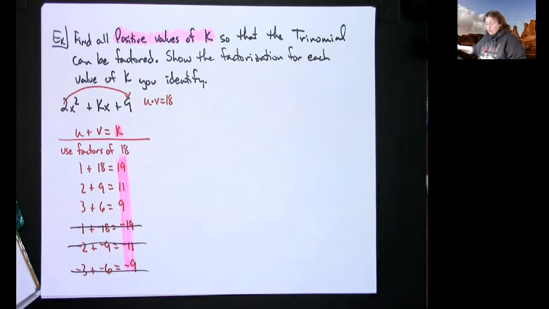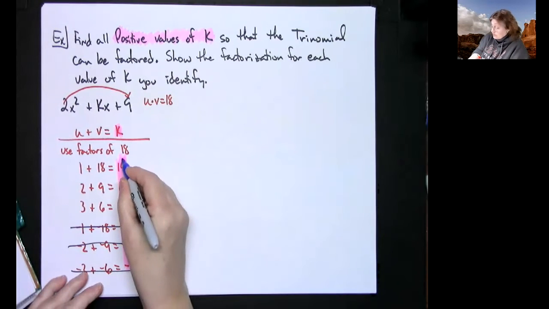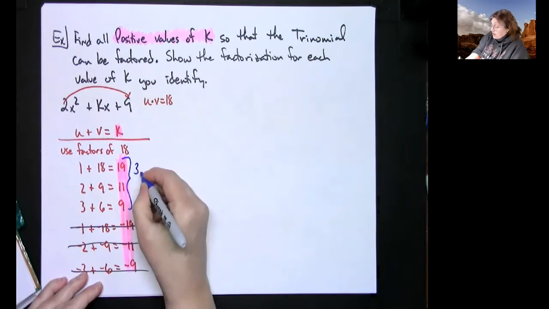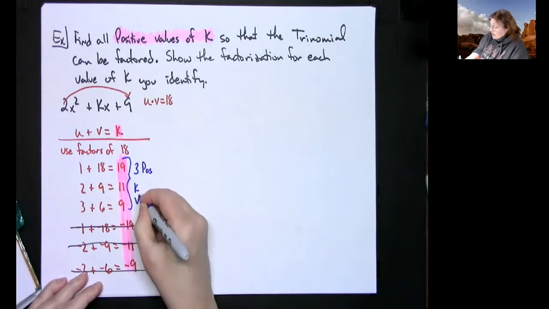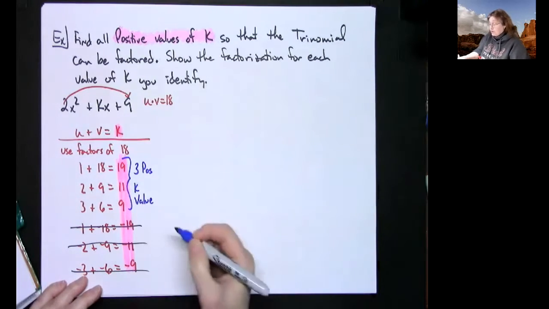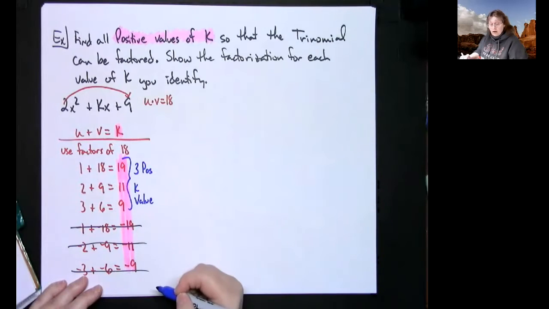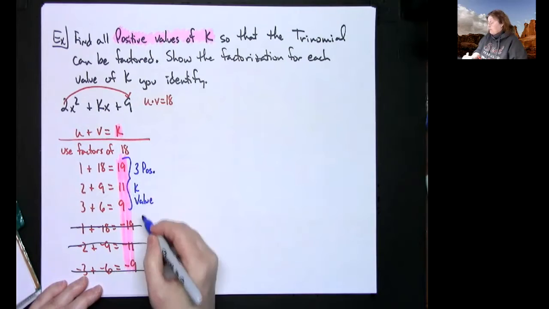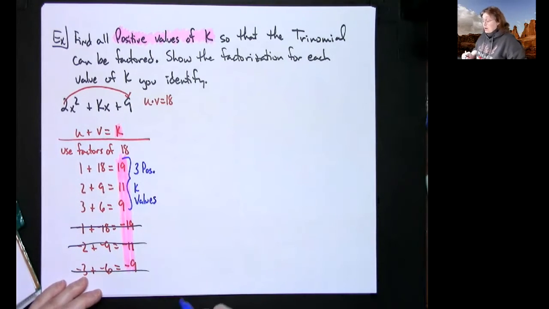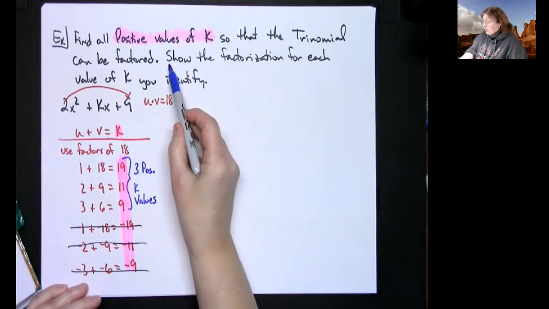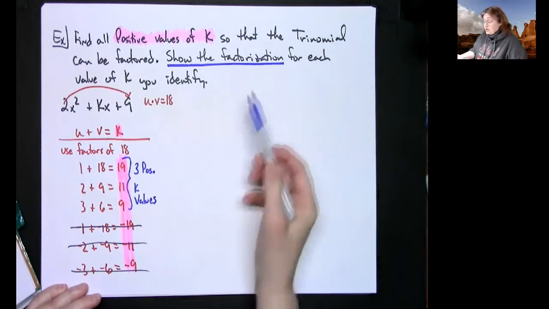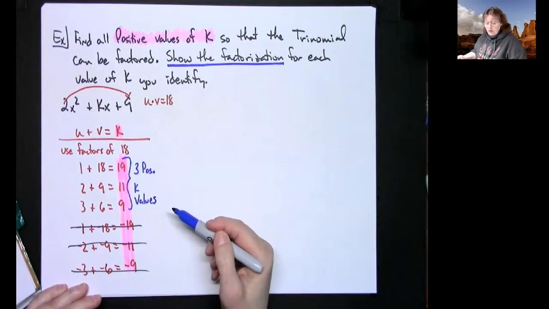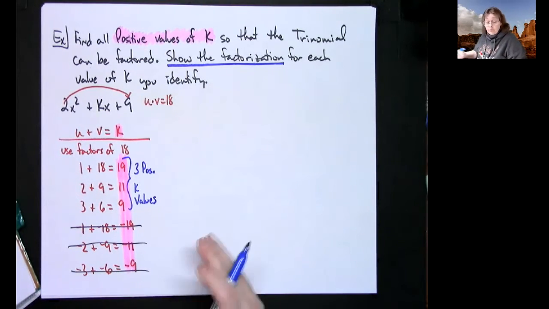So let's write this: 3 positive k values, right there, 19, 11, and 9. Now I've got my k's, and it says show the factorization of each of them, so technically you've got to show 3 factorings.